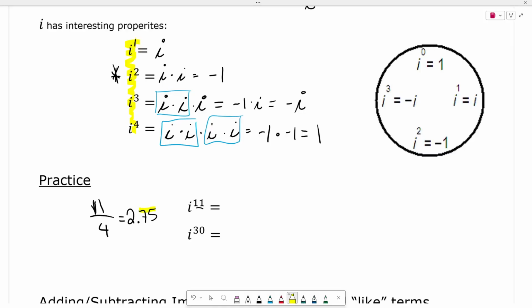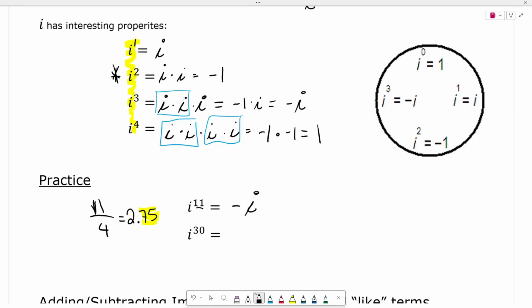I look at that and say, hey, that's 3 quarters. 75 cents is 3 quarters, and 3 quarters tells me that it is -i.